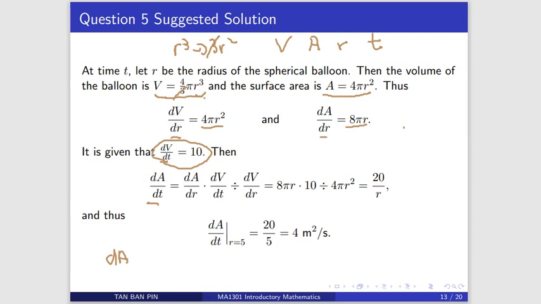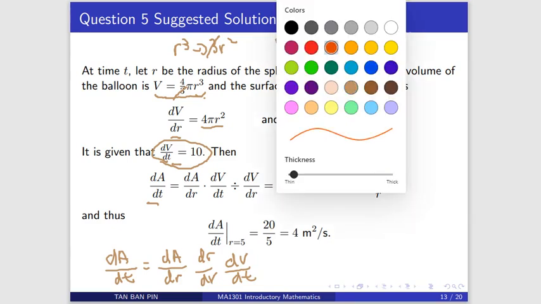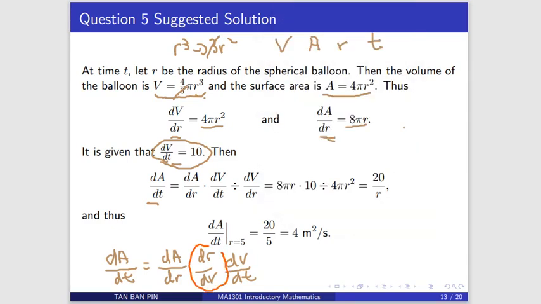You want to find dA/dt, and you know dA/dr, so you should write down dA/dr. Then the question gives you dV/dt, which means you need dr/dV as a bridge, which you have.